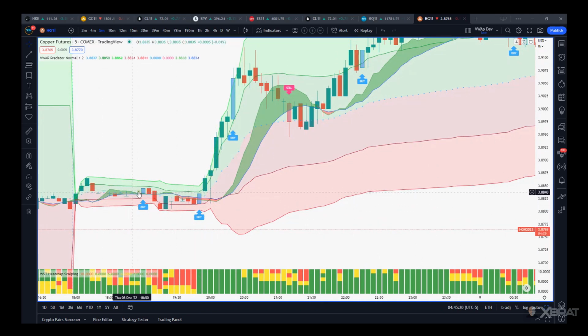Now this blue dotted line here is the actual VWAP. These are our bands, our zones, and when we have a candle which has higher volume than the previous candle, so it's an accumulation candle in this instance because it is a bullish candle.